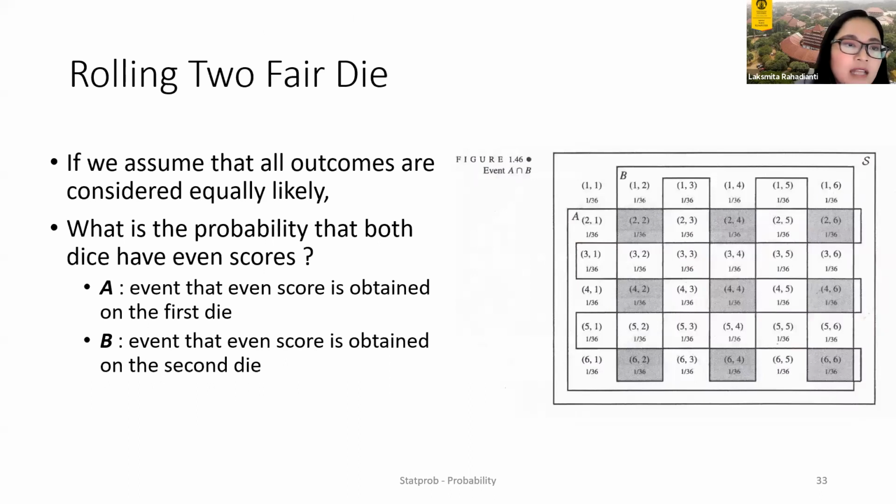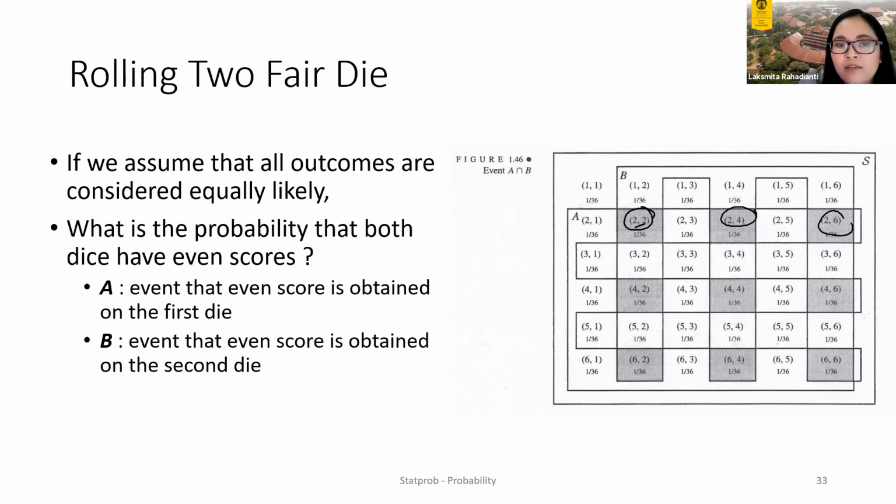And if we assume that all outcomes are considered equally likely, then what's the probability that both dice have even scores? So here, even scores in both dice. This will fulfill it, this will fulfill it, and so forth. Note that the event A is when it's obtained on the first die and B is on the second die.